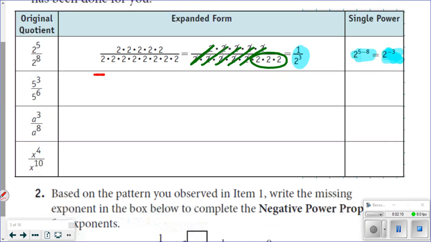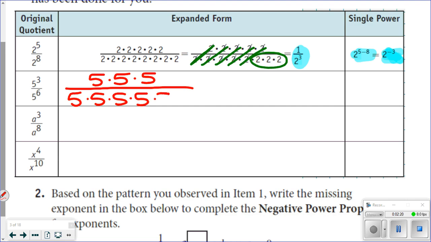So we have 5 cubed. So 5 times 5 times 5. And then we have 5 to the 6th power. And then I'm going to take these and cancel them out. That's 1, 1, and 1.